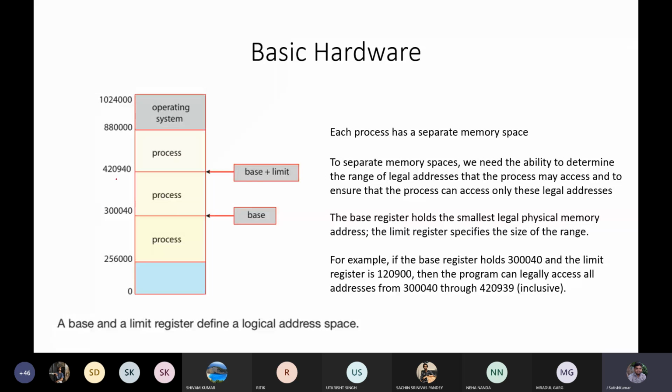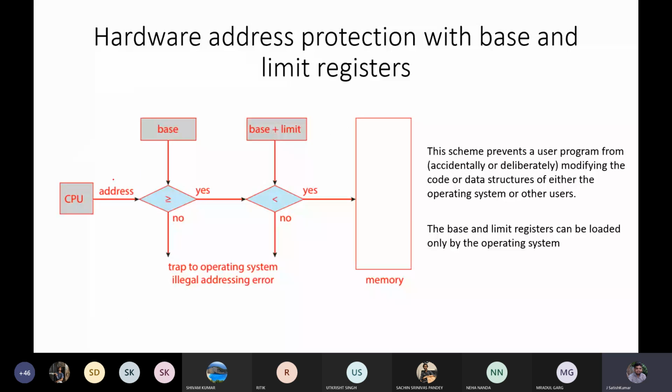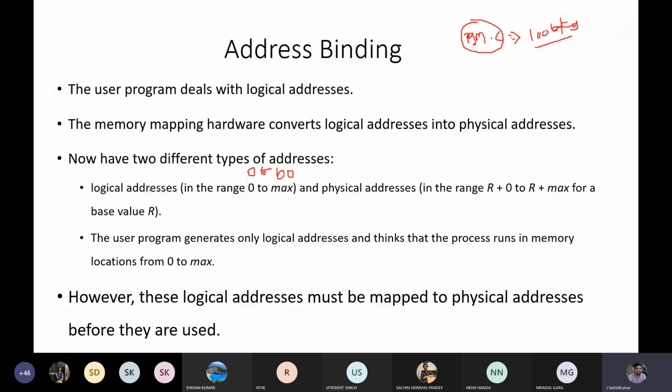The addresses where it is physically placed in the RAM, we consider physical addresses, given from the base address range: R plus 0 to R plus max for the base value of R. That is what we discussed, base plus limit.